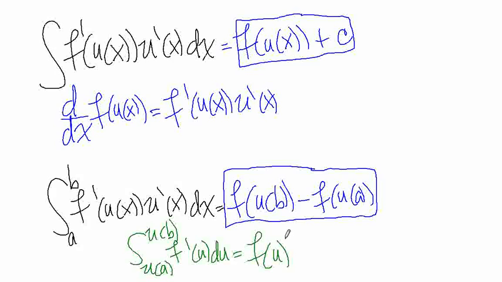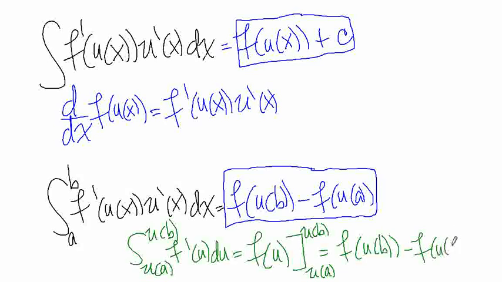Then we evaluate at the limits of integration that I've written there. You can express your intention of finding the difference of antiderivative values with this bracket notation, if you haven't seen that before. So that would give f of u of b minus f of u of a as the answer.